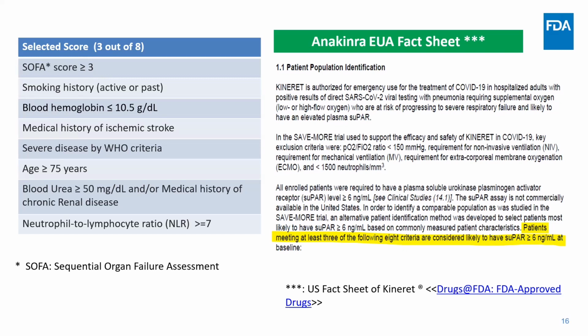Also, this is the drug label for anakinra. We put this result in section 1.1, which is a very important part of the drug label. So we have this scoring rule to guide healthcare providers to determine treatment eligibility.